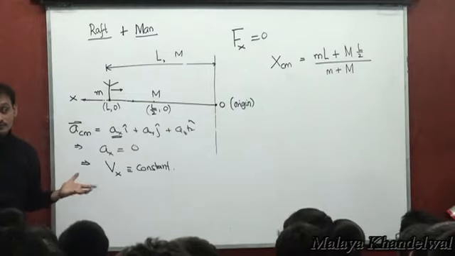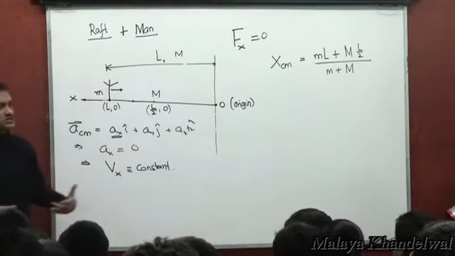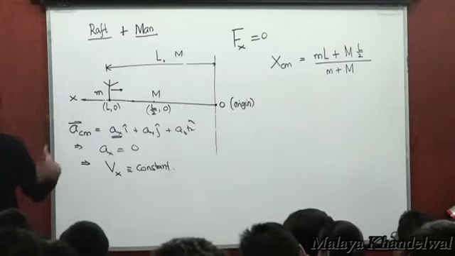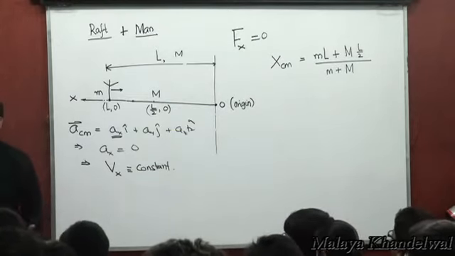There was an instant when the velocity of the raft and the man, before he started to walk on the raft, was 0. And if the velocity of both the man and the raft was 0, the velocity of the center of mass was 0, because m1 v1 plus m2 v2 by m1 plus m2, if v1 and v2 are both 0, then the velocity of the center of mass ought to have been 0.